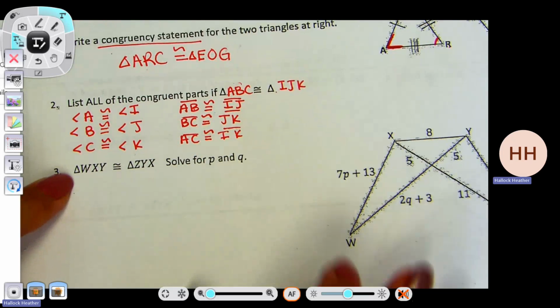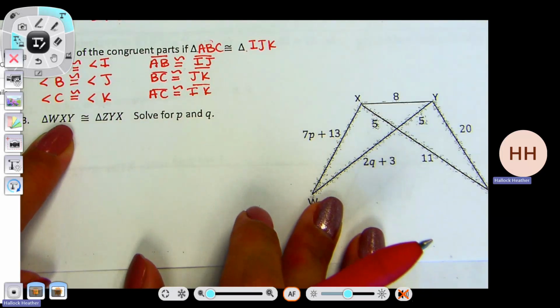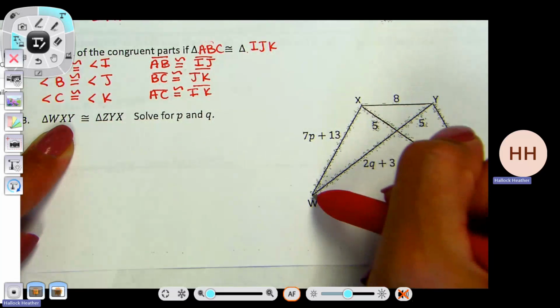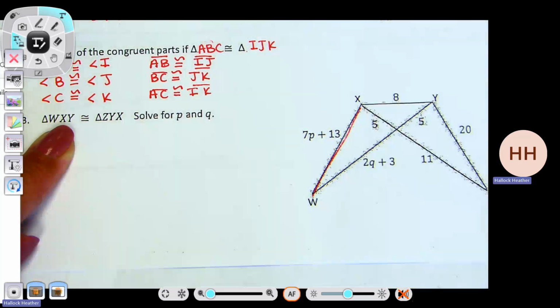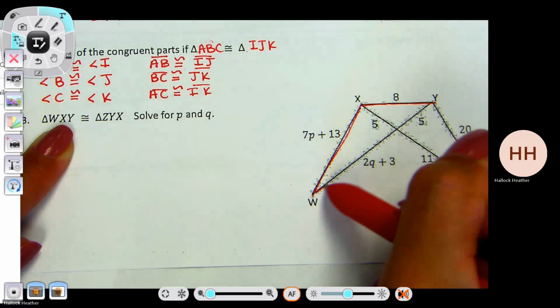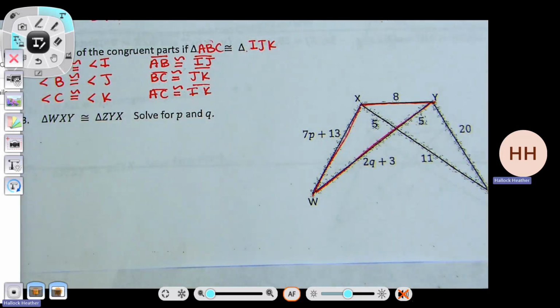So the next part says, we have this picture, it says triangle WXY. If you look, you have 3 triangles, so let's look at our picture, W to X, and then Y. So we have this triangle, which is like a big triangle. It's not even one of the small ones.